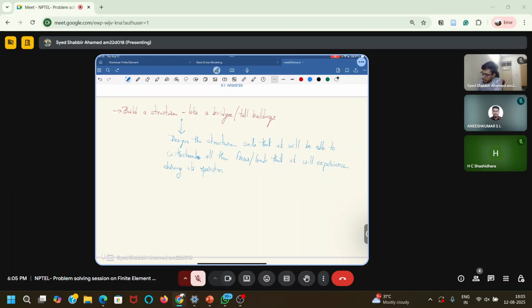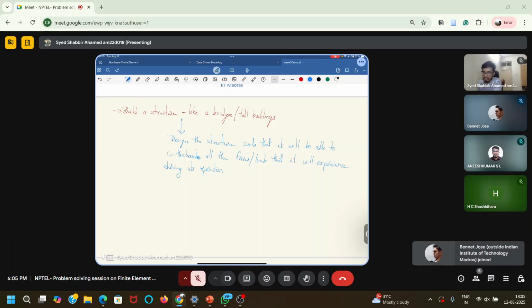So before constructing the building or a bridge, we estimate the amount of traffic it will experience, like how many vehicles will pass through it, and if there is a maximum number of vehicles passing with some speed, how much load will act on the bridge.